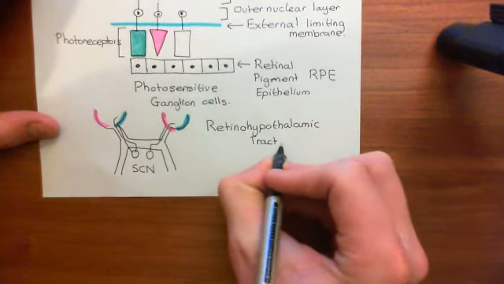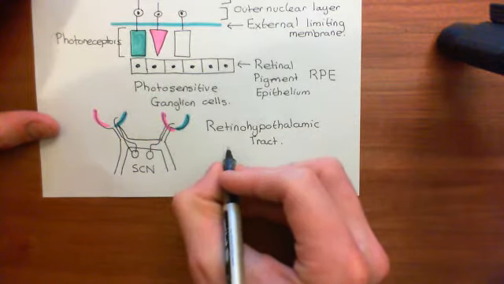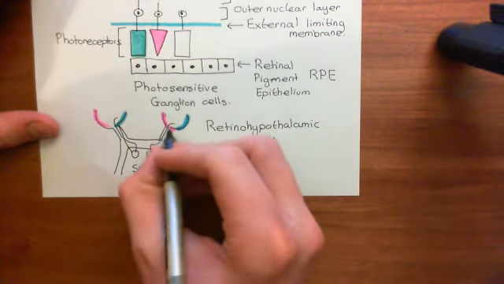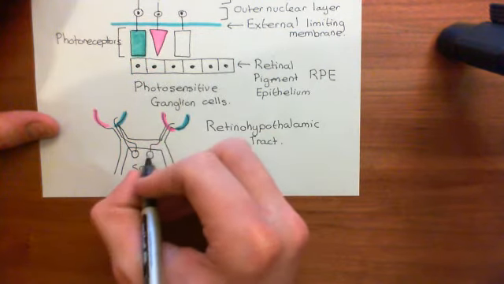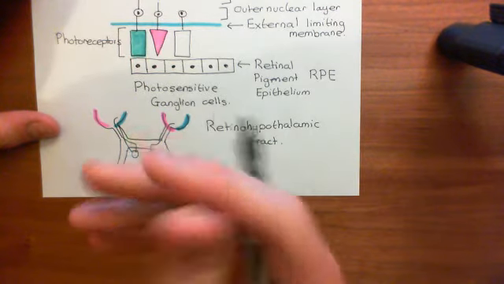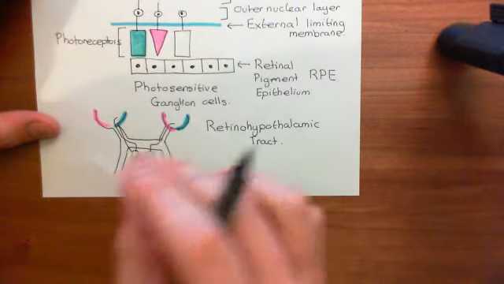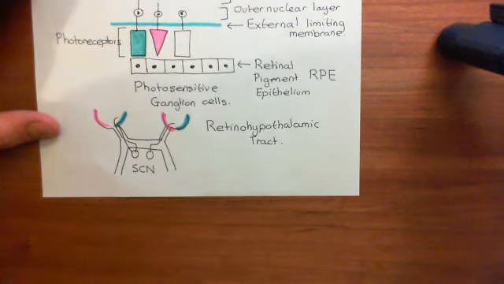You will not be able to find it. It doesn't look like a little nerve that moves from the optic nerve into the hypothalamus. There are very few of these axons actually going from the retina into the suprachiasmatic nuclei, and you can't actually see a macroscopic structure moving from the optic nerve into the suprachiasmatic nuclei of the hypothalamus.